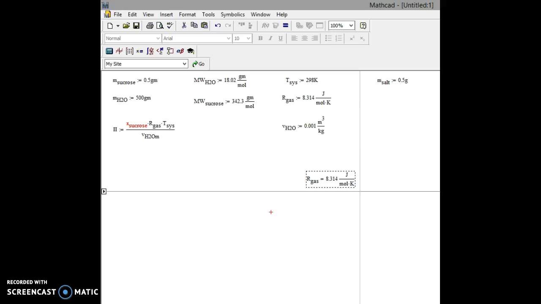However, this system is not without its drawbacks. Some variables are defined in unexpected ways. Consider this definition here for a given mass of salt. When I try to express this mass of salt, I get a unit of meters per second squared. This seems odd because we have defined mass of salt as 0.5 grams. However, MathCAD defines certain letters as universal constants.